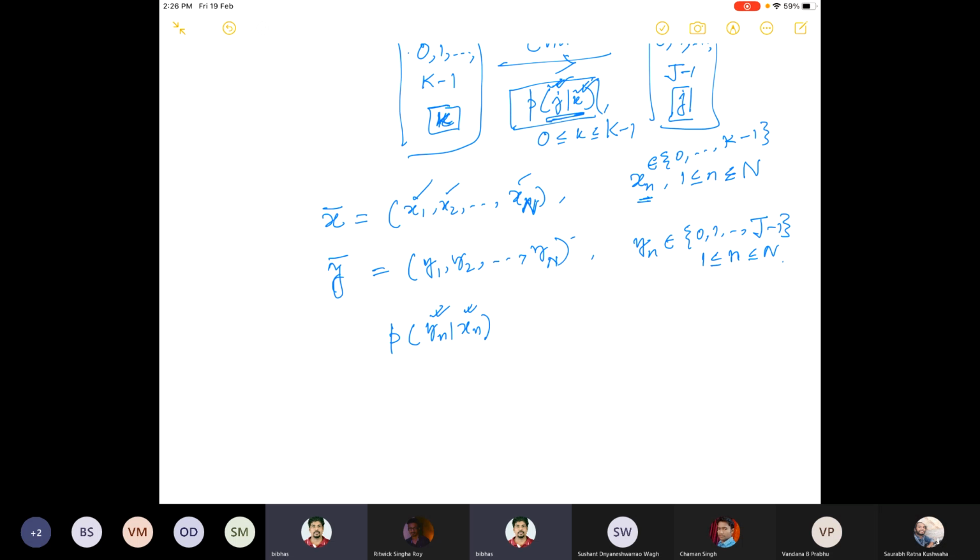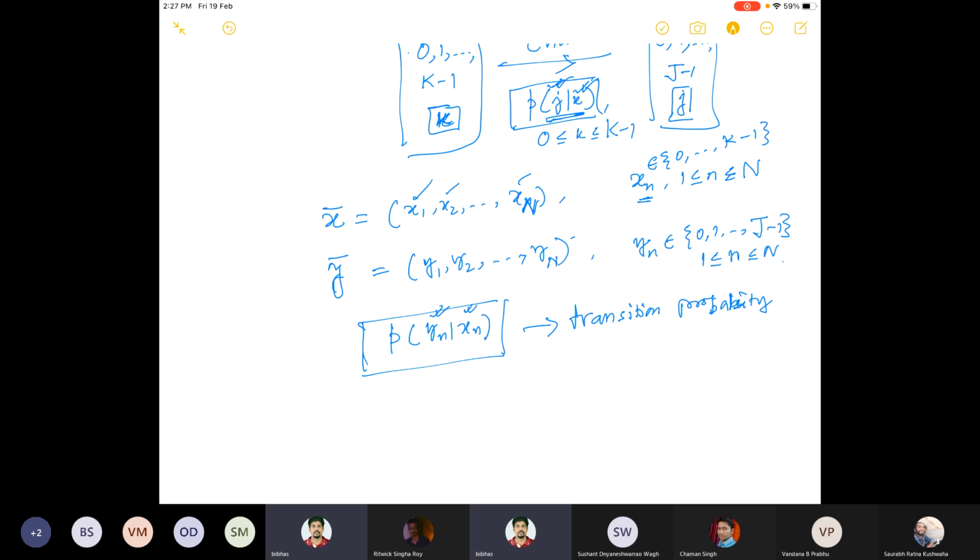And when we have a memoryless channel, we basically focus on this part: the probability of getting yn when xn is sent. So this is the transition probability, which is important.